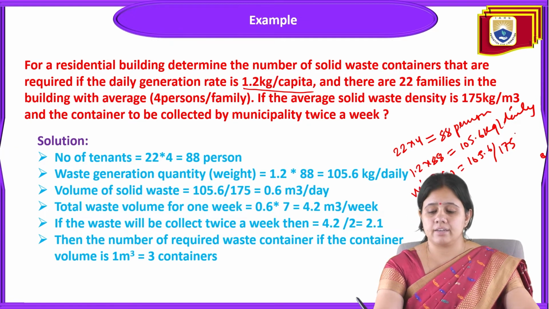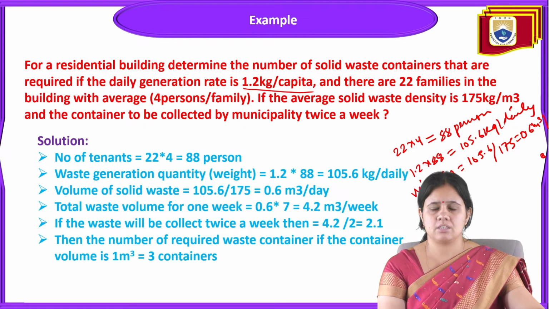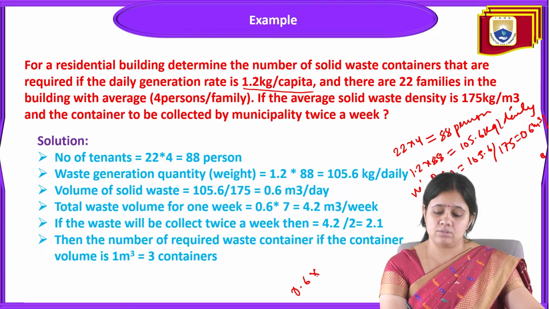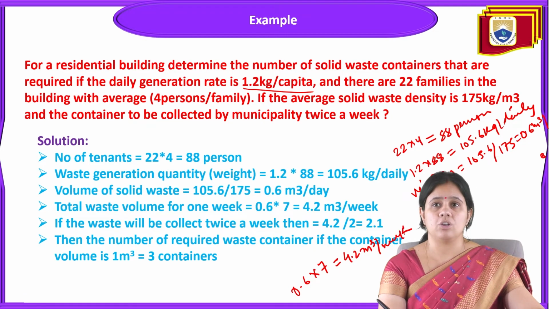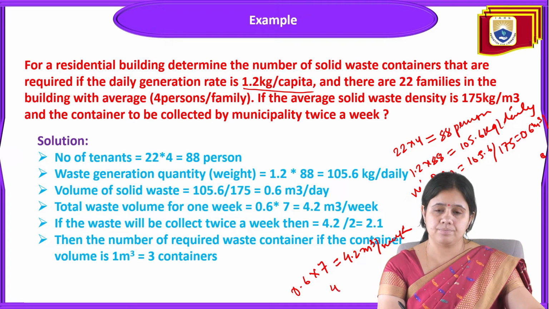So it is about 0.6 meter cube per day. Now, for one week, how much waste volume is there? 0.6 into 7 days is equal to 4.2 meter cube per week. This is the total volume. Next, the waste will be collected twice a week, so 4.2 divided by 2 is equal to 2.1.